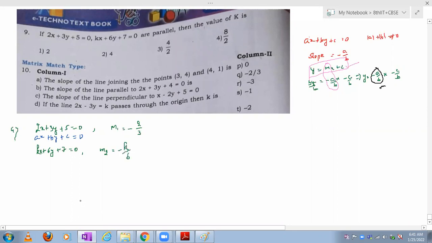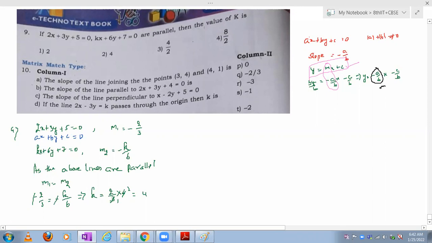Now we can write that m1 is equal to m2, as the above lines are parallel. Minus 2 by 3 is equal to minus k by 6. Minus minus cancels, so k is equal to 2 by 3 into 6. 3 ones are 3, 3 twos are 6, 2 fours are 4. K is equal to 4 is the answer.